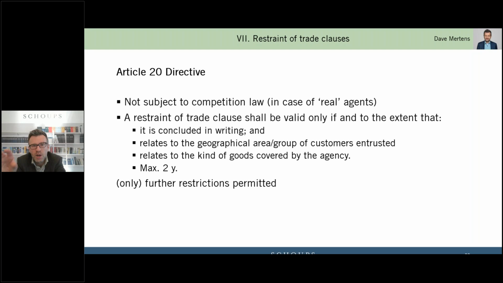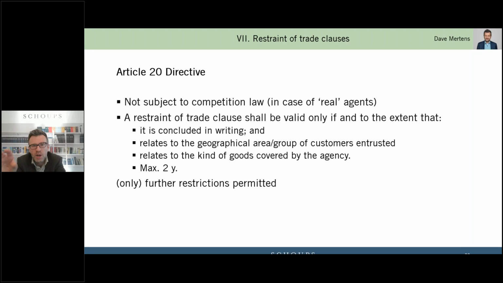It has to be limited to goods or services. The directive talks only of goods, but we'll see that services are also covered by the agency. So not broader, not if the agent only represents a specific product range, only competing products, even if you as a principal have a broader scope of products for other markets, B2C, B2B. So it has to be limited to that.